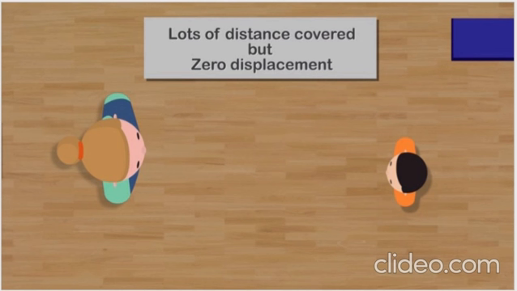Now, a lot of distance was covered but there was zero displacement. He moved all the way around everywhere, but he came back to his original position. So what can we say? Too much distance was covered, but displacement was zero.